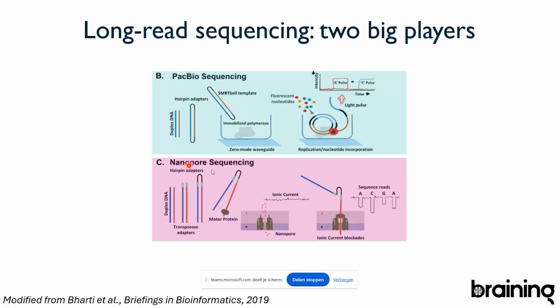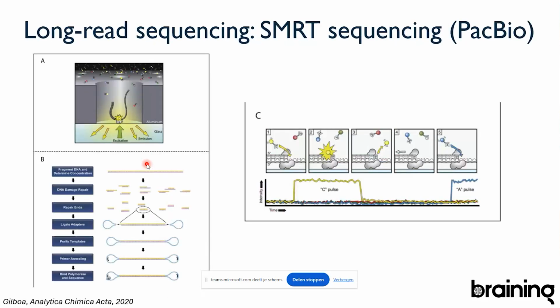The other one is nanopore sequencing. Both are able to do long read sequencing with a reasonably similar outcome. However, the way in which they work is very, very different. I will guide you through the principles for each one, one at a time. Okay, so let's start with PacBio.